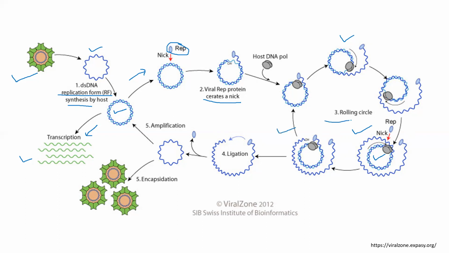This is loop rolling circle replication, and the plus strand is circularized, and it again goes for the synthesis of the complementary minus strand, resulting in more RF1. And when heads are made, these plus strands will be captured for packaging into the heads. Before they can be sent for the synthesis of RF1, they are packed, and that's called encapsulation.